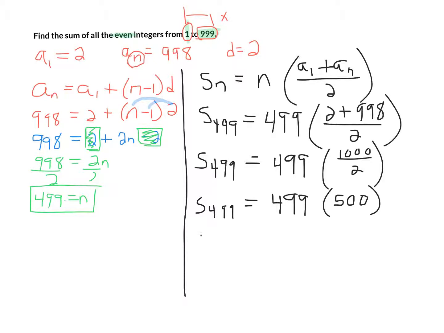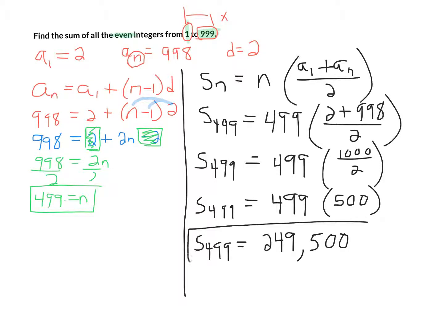And then I times it out. So S of 499 is equal to 249,500. So there's our sum. That's what we're looking for here.